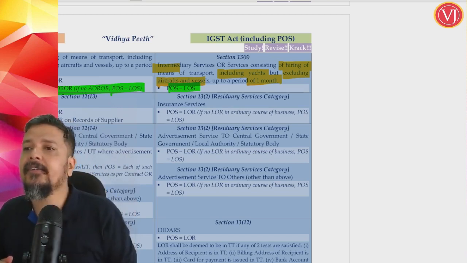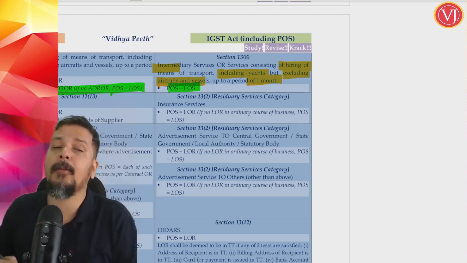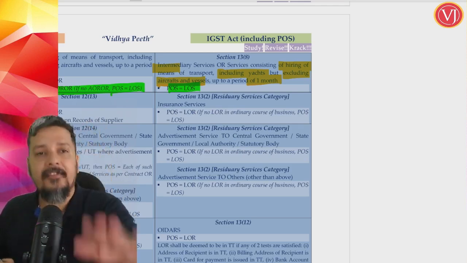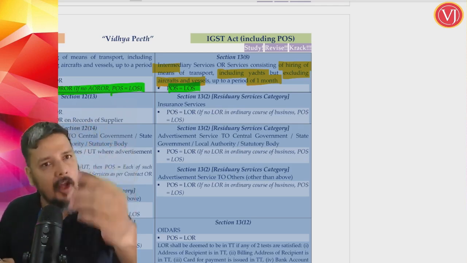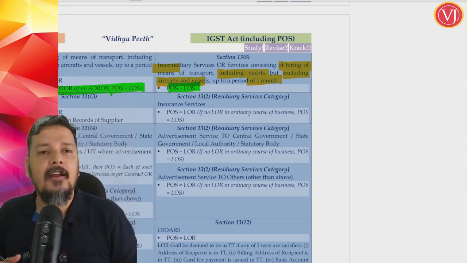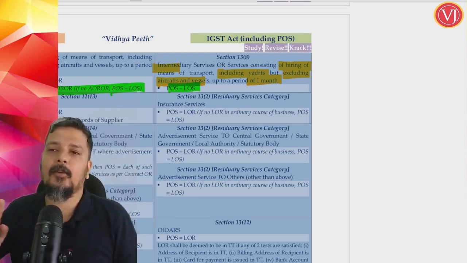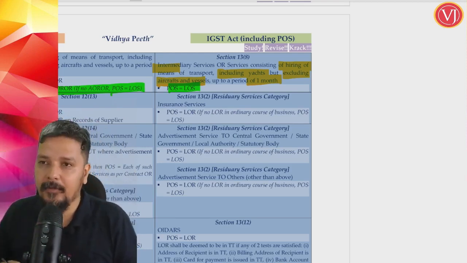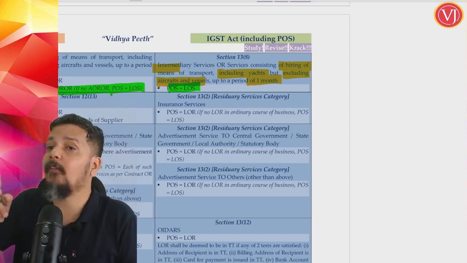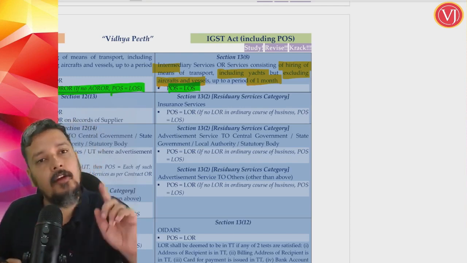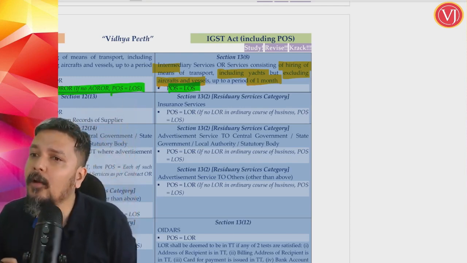But what if a foreigner has come from outside India, which normally they do, staying in Goa for more than 1 month, which normally they do? Their vacation is very long. Then they tell that no. Now you have to go with the normal provision. Because it is not for 1 month, it is for more than 1 month, you will go with the normal provision. Normal provision tells what?